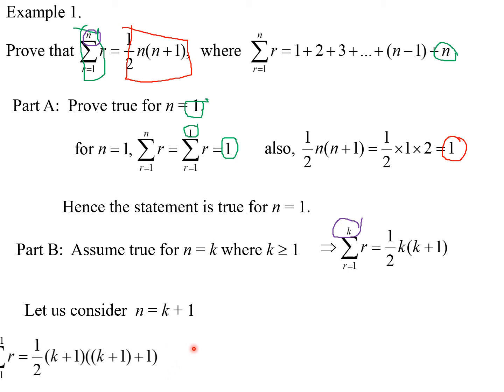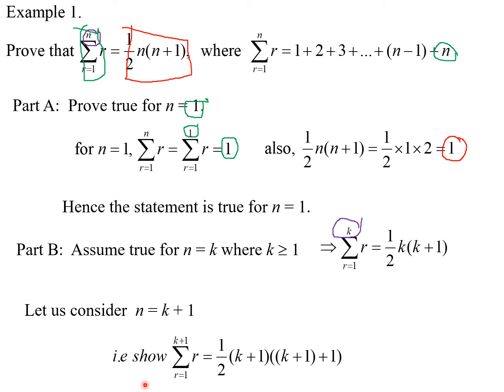For n equals to k plus 1, we have to show that the sum of r from 1 to n, where n here is already substituted with k plus 1, remains the formula r that we are focusing on proving.